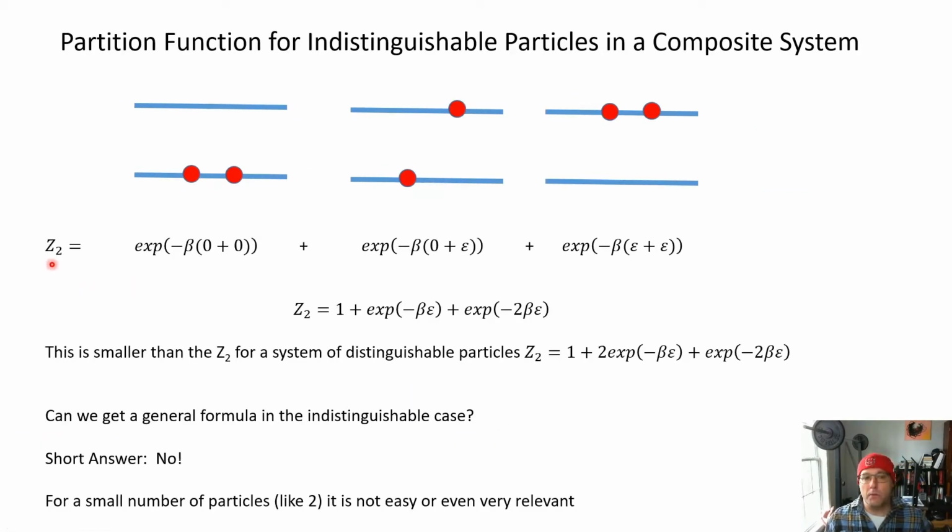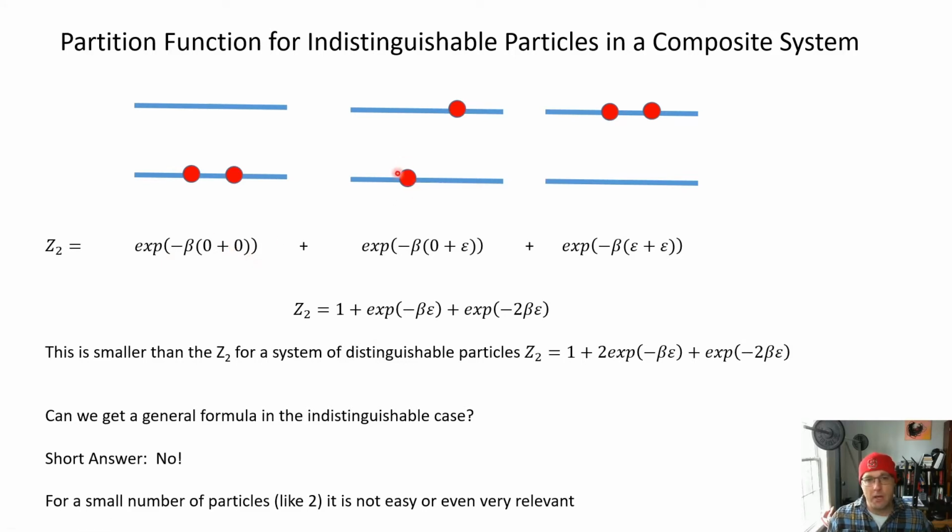So what does it mean in practice? It means when we compute the composite partition function for a case of two indistinguishable particles in the two-level system, we have one fewer Boltzmann factor to include in the sum. So we still have our 2 in the ground state that gives us e to the 0, which is 1.